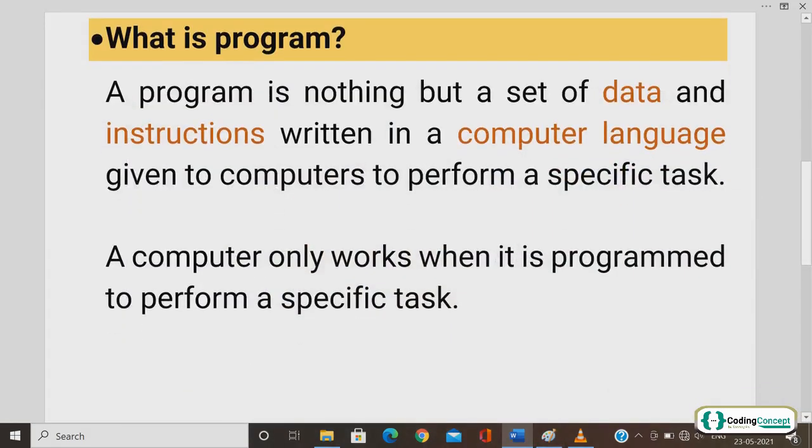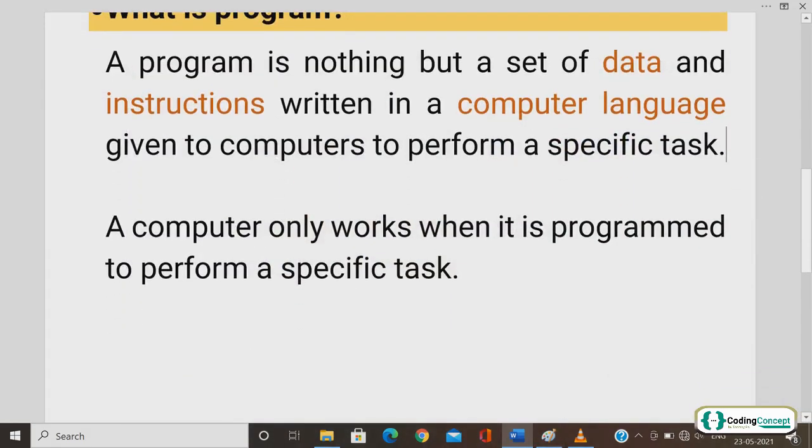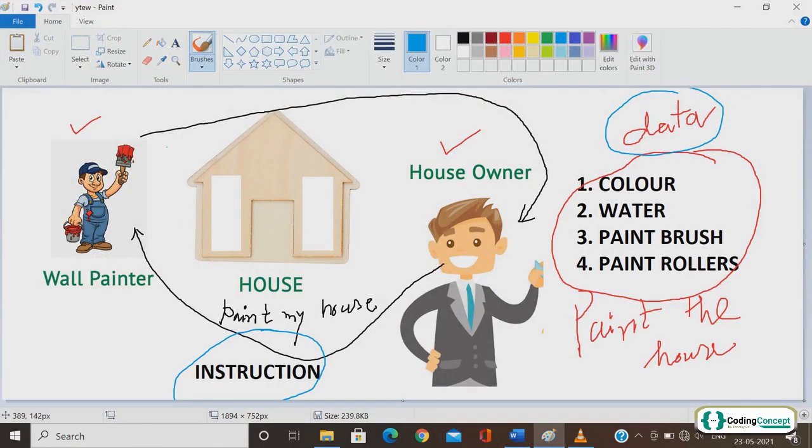Now, as you can see here, a computer only works when it is programmed to perform a specific task. Programmed means whenever a computer will be given a set of data and instructions, then only a computer will work. Otherwise, a computer will not work. In real life example also, if the house owner is not giving any instructions or data to the wall painter, then the wall painter will not paint the house.